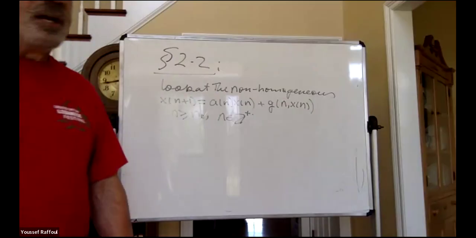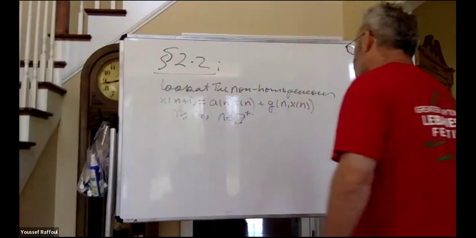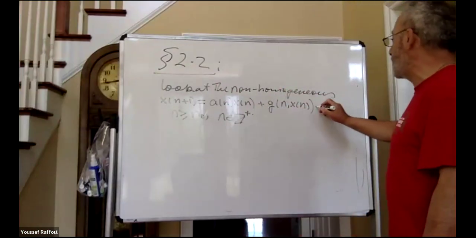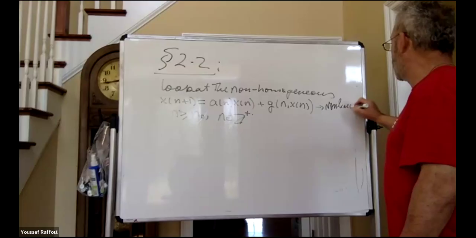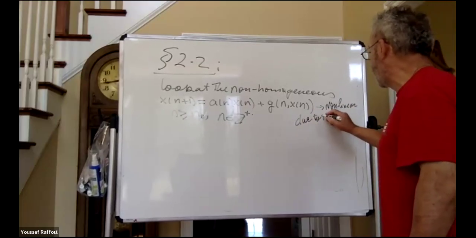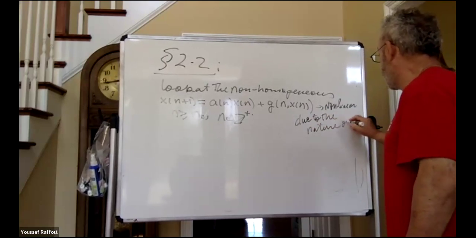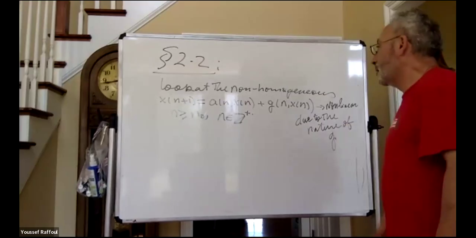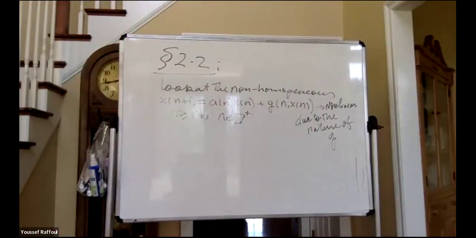Anyway, this is non-homogeneous. Well, I mean, it could be non-homogeneous, and this is non-linear, due to the nature of g.